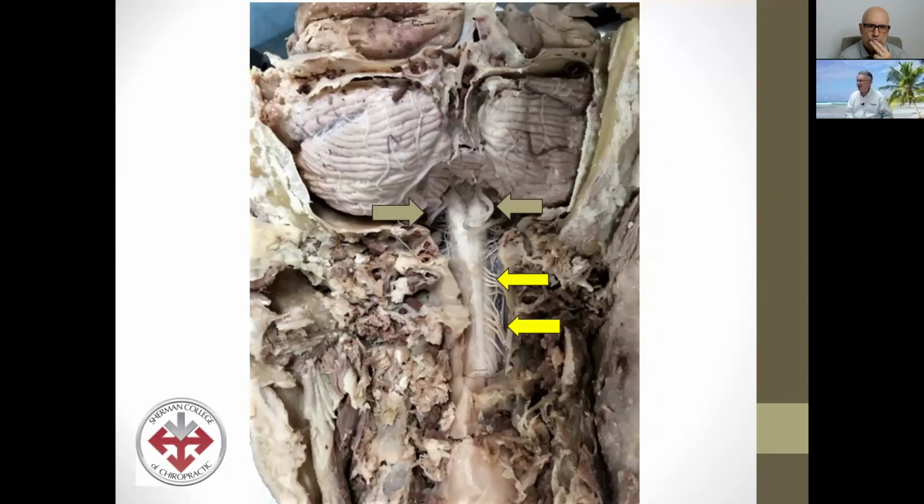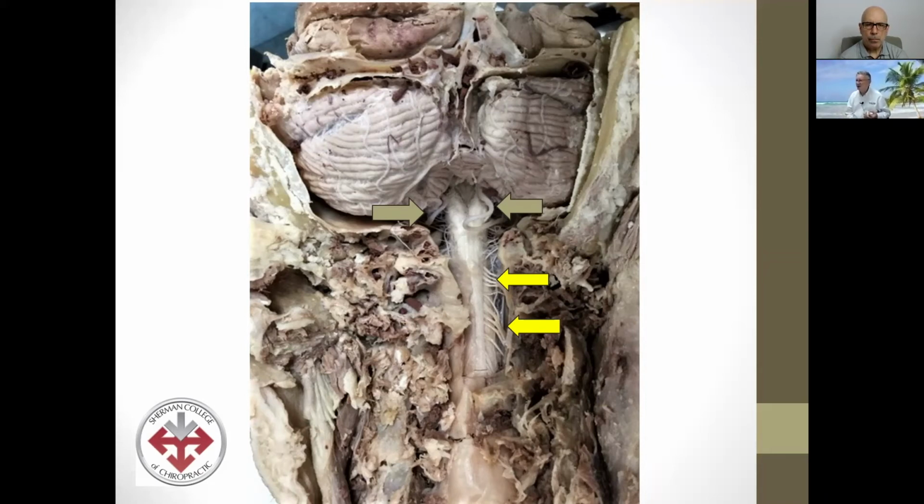This is very instructive because here at the two upper arrows, you can see the course of the vertebral arteries. You can see that they're kind of different. It's not uncommon for vertebral arteries to be asymmetrical. In mine, I've got one that's like a third of the diameter of the other, and that's not uncommon. There's a lot of variation, and obviously it's a very vulnerable area mechanically.